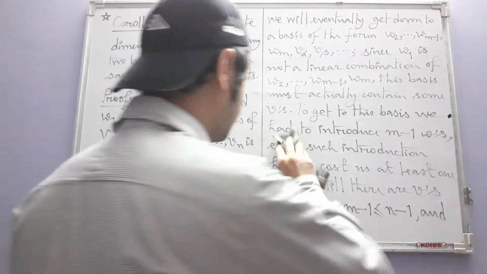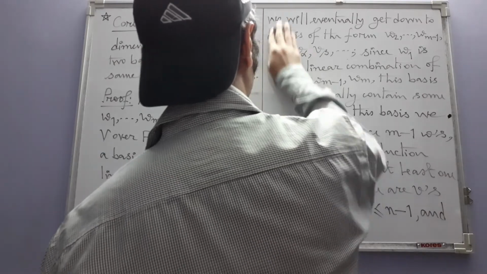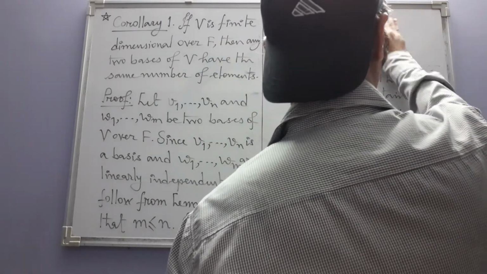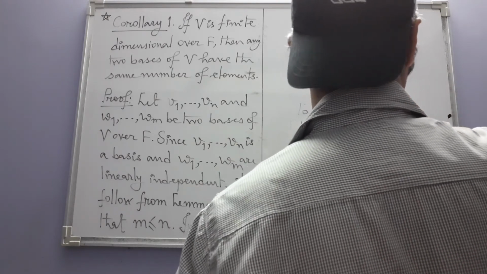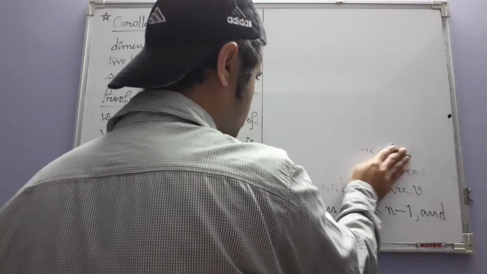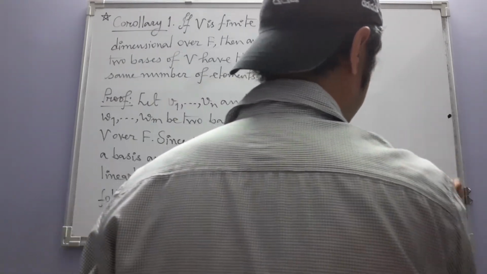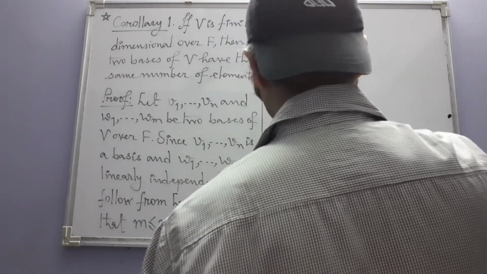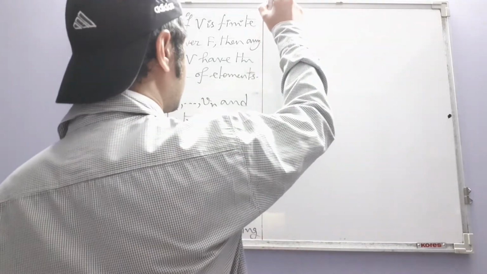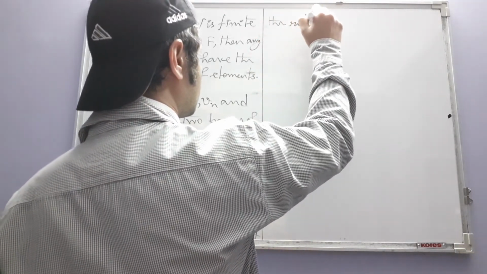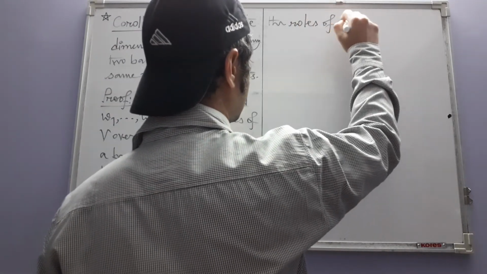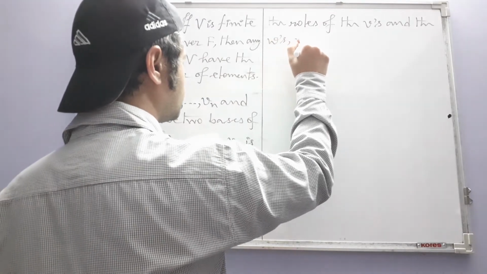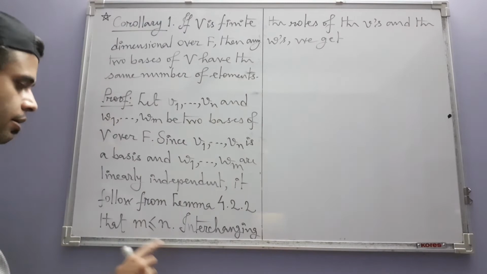Interchanging the roles of the v's and the w's, we get n less than or equal to m.